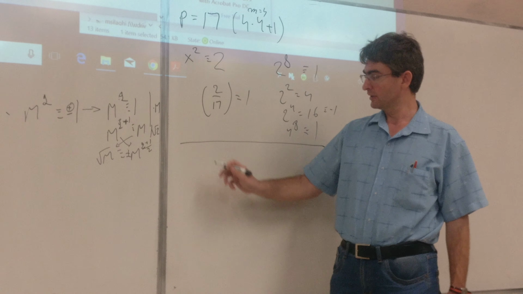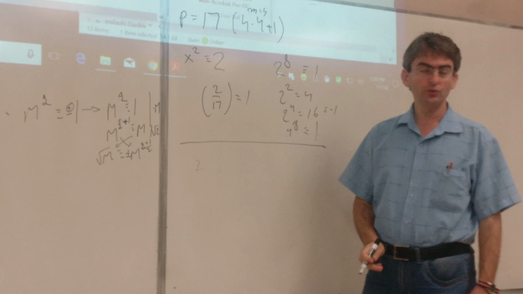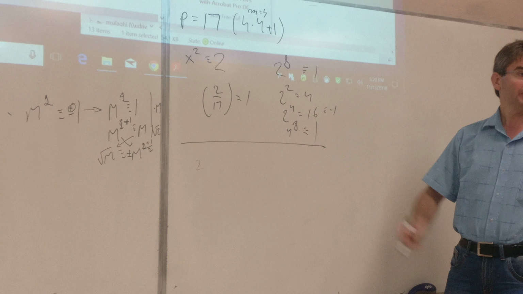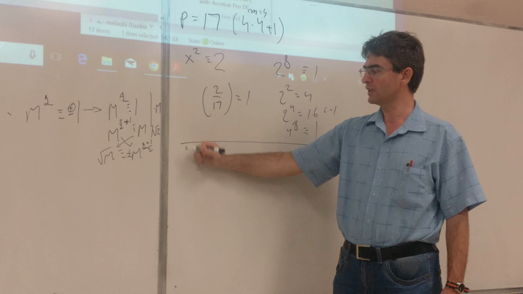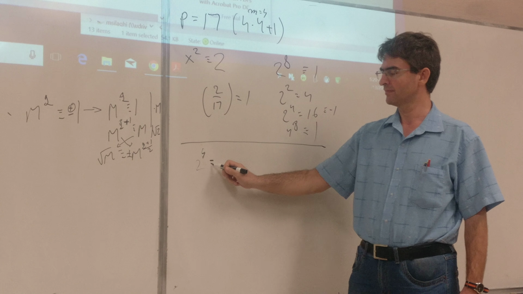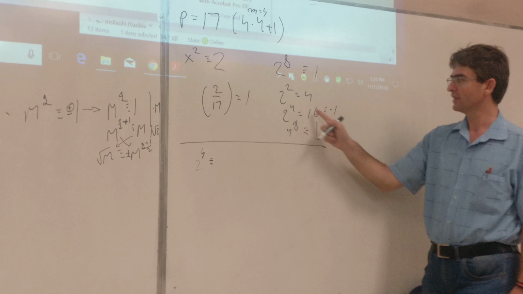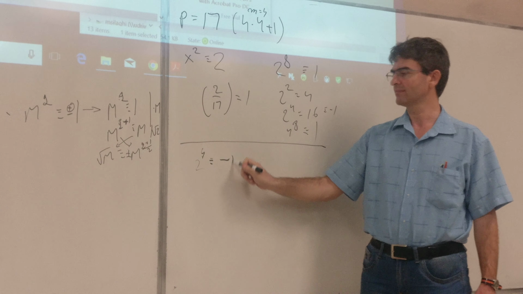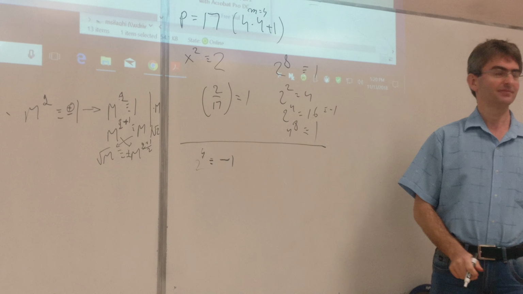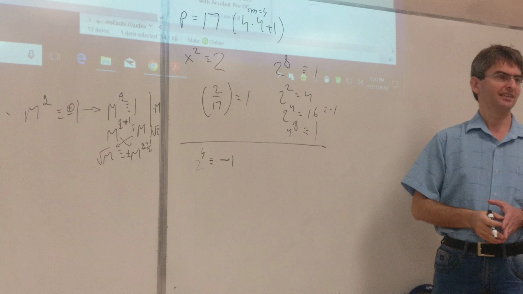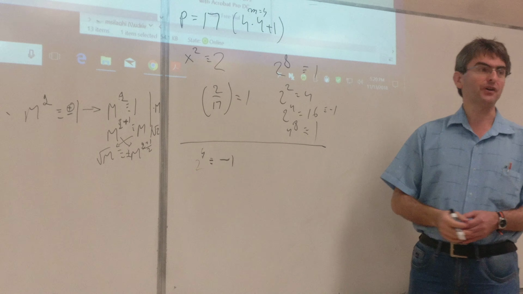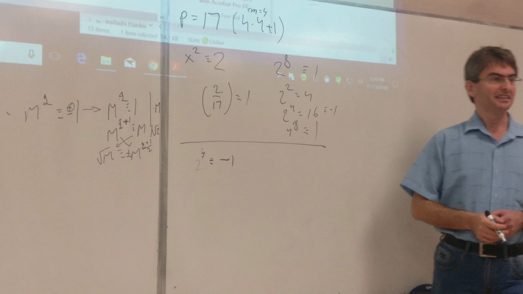So to compute, we are going to say 2, we know to the power 8 is 1. So we have to compute now 2 to the power 4. 2 to the power 4 is minus 1. Right? We already computed. We are in the unlucky situation. But we are lucky, we had already found a lot of numbers.